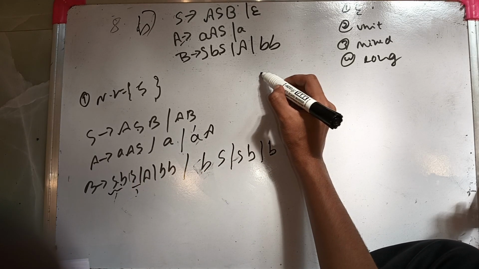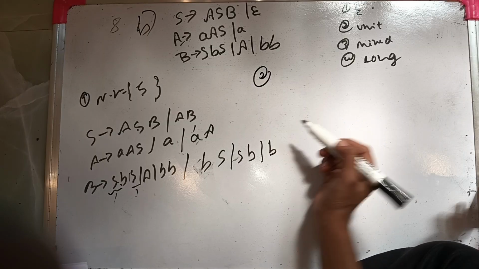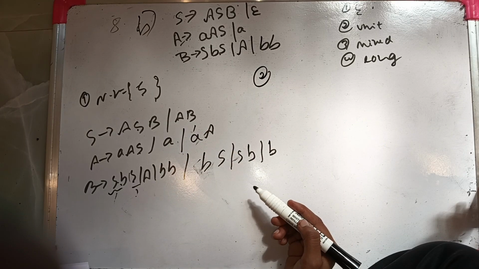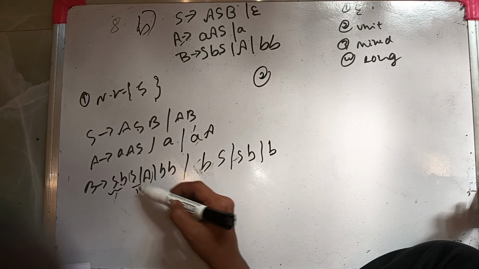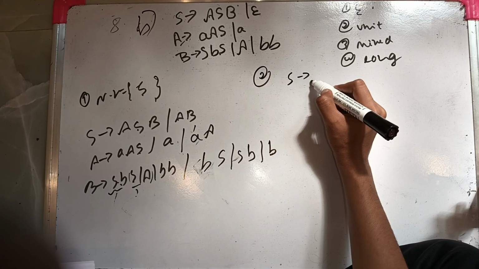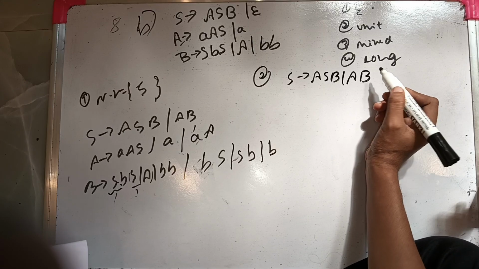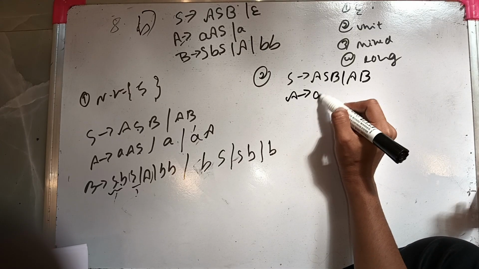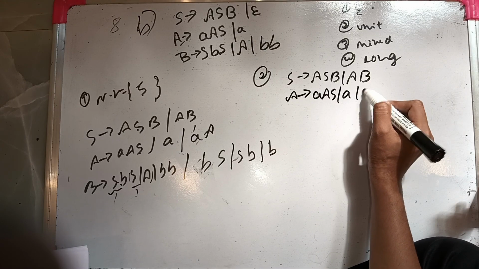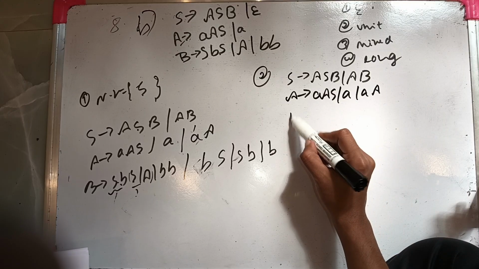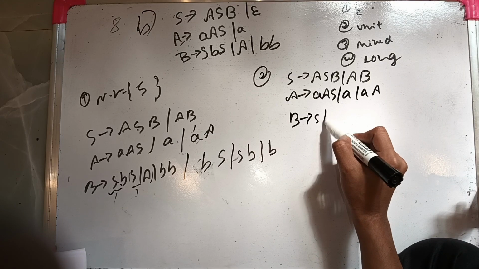And in the second step, remove unit production. Is there any unit? So yeah, A is the unit. So S gives A, SB, AB. Next A gives AAS, AAA. B gives SBS.